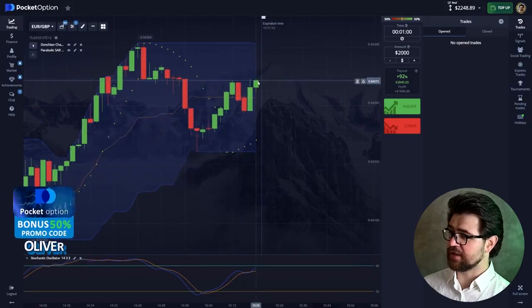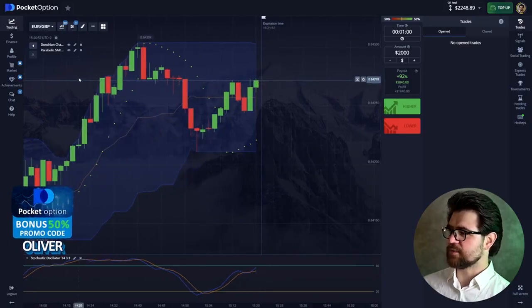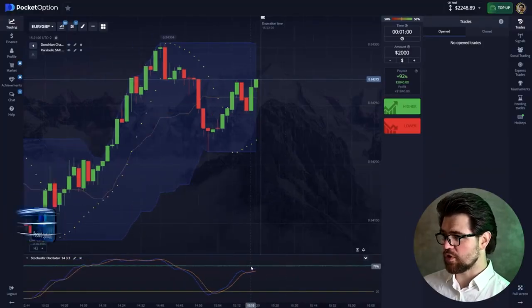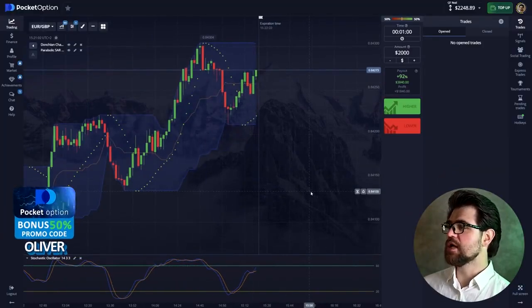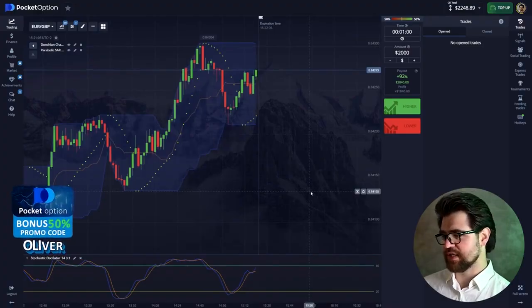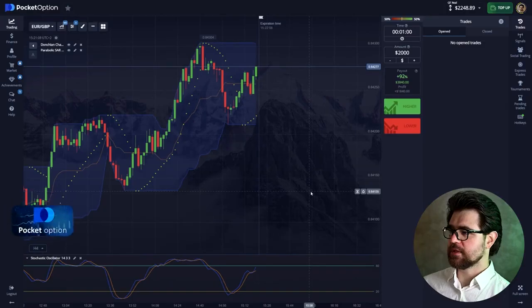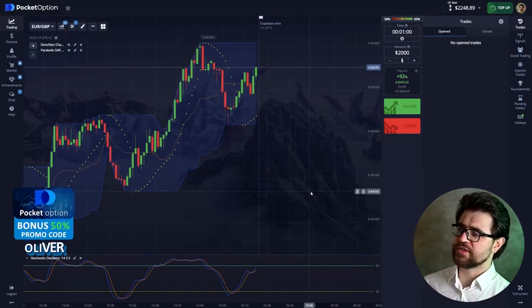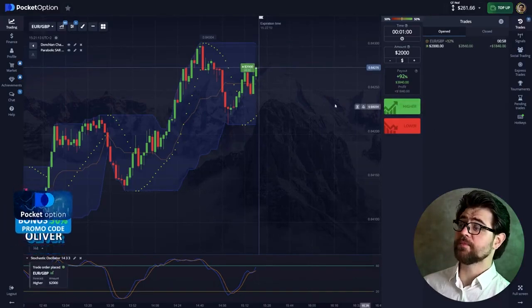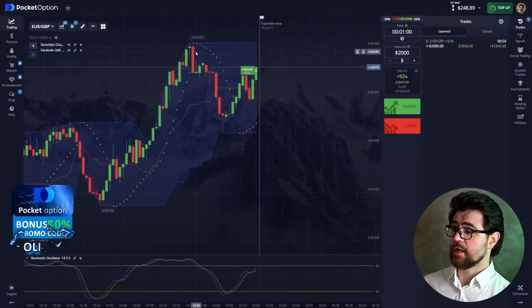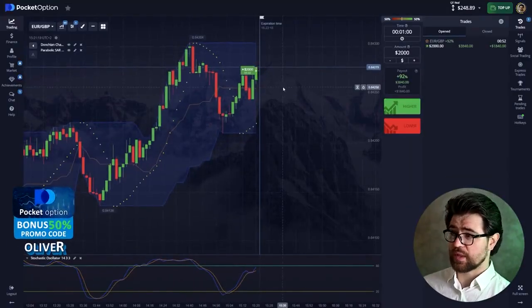Let's see what's happening here. I see that it's supposed to grow because everything's pointing for the growth, but there is a local resistance level at this point, and it can be quite tricky. So the best thing to do is to wait, or to basically switch to the other one.